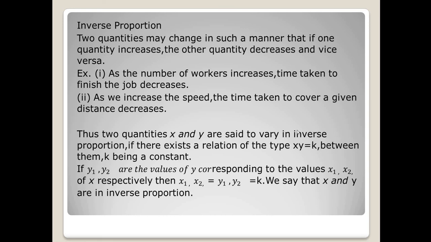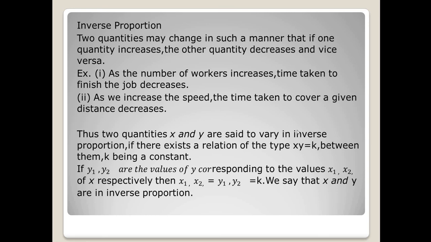These kind of relationships are known as what? Inverse proportion. So we can write it as, the two quantities x and y are said to vary in inverse proportion if there exists a relation of the type xy equal k. K is a constant here. The multiplication of the two quantities is a constant between them, k being a constant.